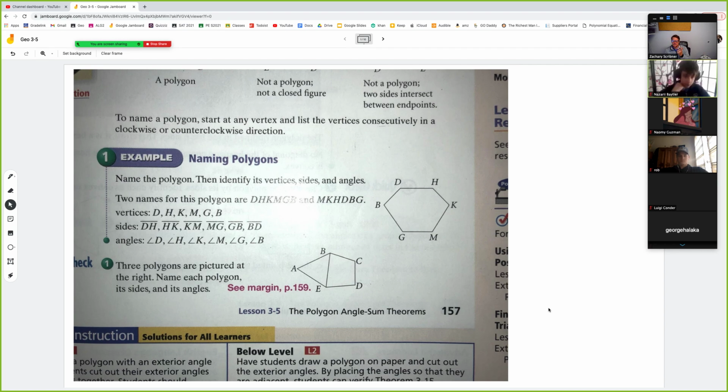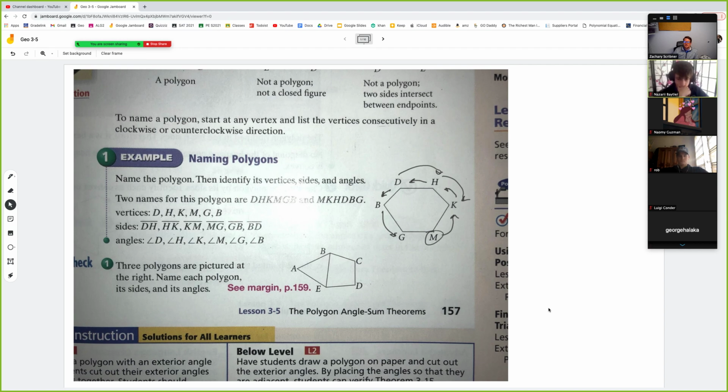For example 1, they started with M right here. So you've got M, K, H, D, B, G. Or if you started with D, you could go D, H, K, boom, boom, boom. It doesn't matter which way you go as long as you're naming it in an order.